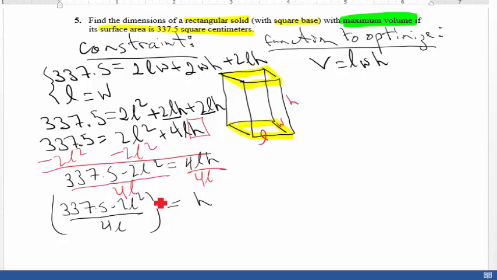So now what we're going to do is we're going to take this expression for h and put it right there.